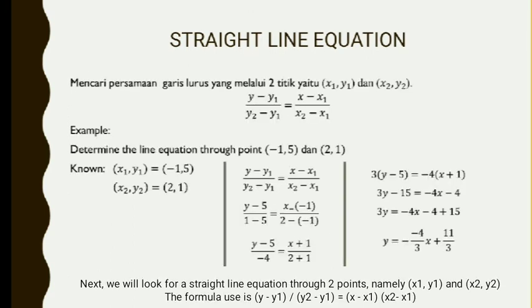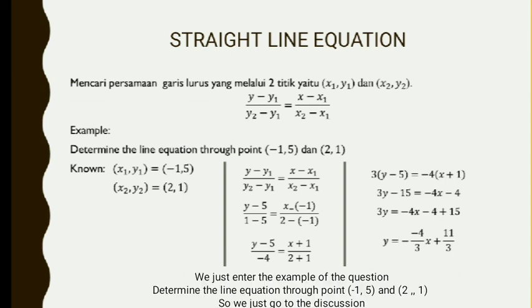Next, we will look for a straight line equation through 2 points, namely x1, y1, and x2, y2. The formula we use is y minus y1 over y2 minus y1 equals x minus x1 over x2 minus x1. We just enter the example question: determine the line equation through points minus 1, 5, and 2, 1.